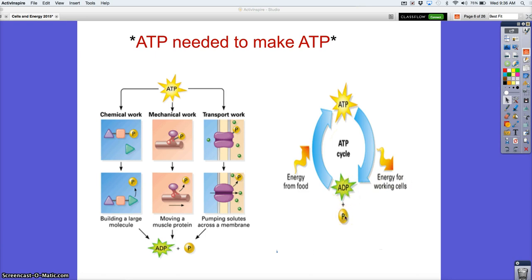And what happens immediately after is, if you look at this, what do you think happens immediately after? It recombines and forms ATP back again. So when we start going over the way your cells use or make this molecule of energy, keep in mind that ADP and P combine together to make ATP, and ATP releases the P to release energy. It's constantly going on, back and forth. So it's like a cycle.